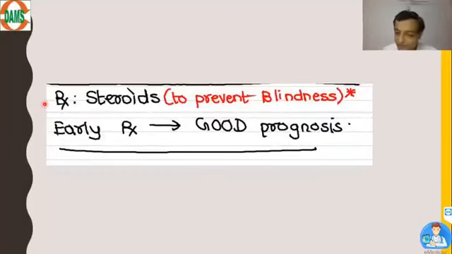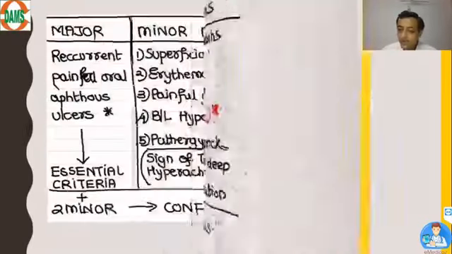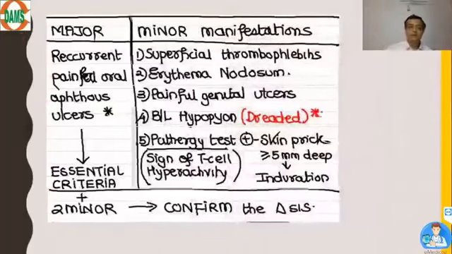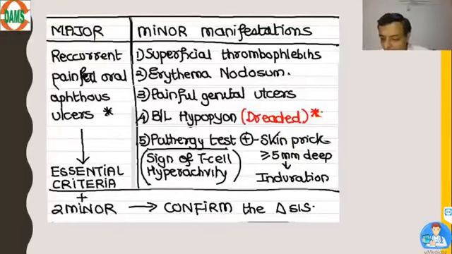One time I will just go back. You tell me about the slides first. Behçet's disease slide in front of you. Yes, one by one. I will keep telling you one by one. Let me show you. Okay. Takayasu's slide noted. I will show you Takayasu's slide. Okay. Behçet's slide, everybody.